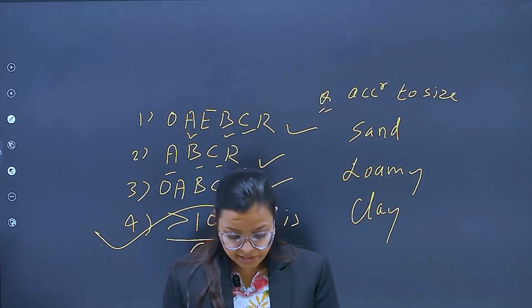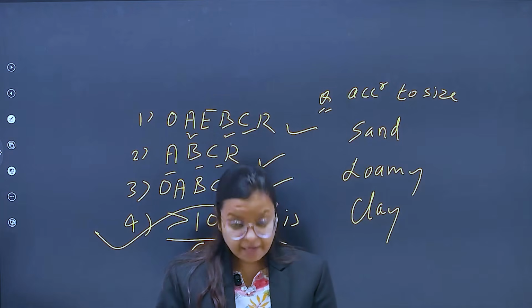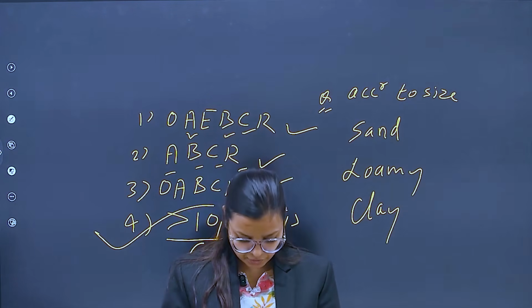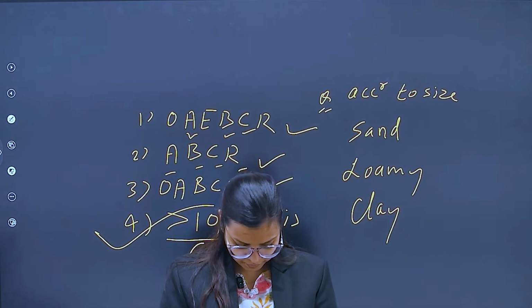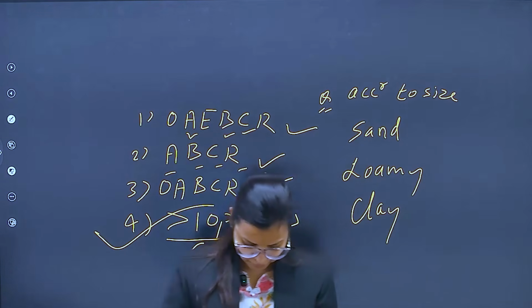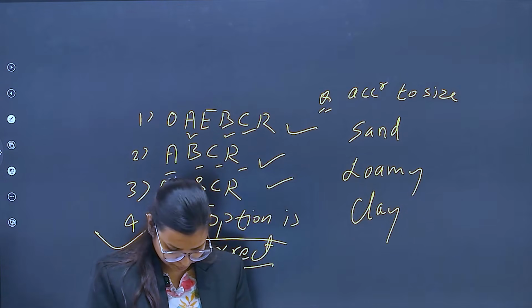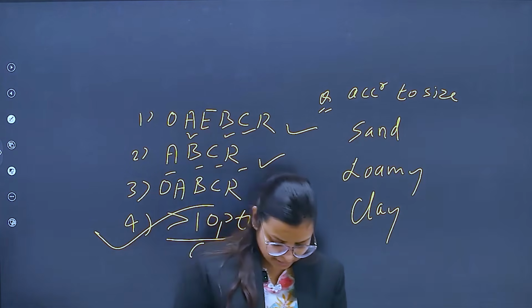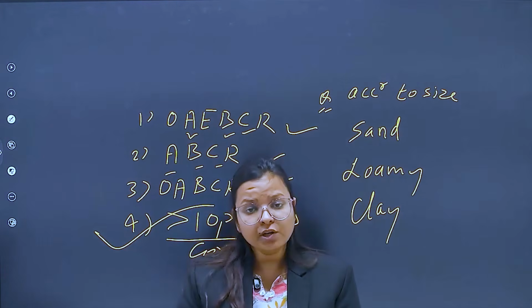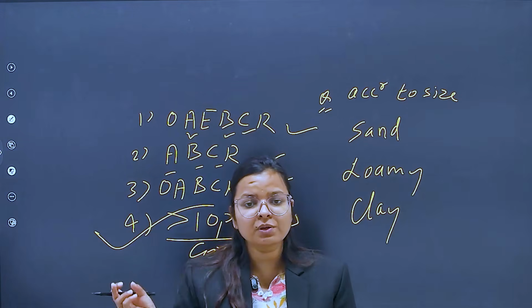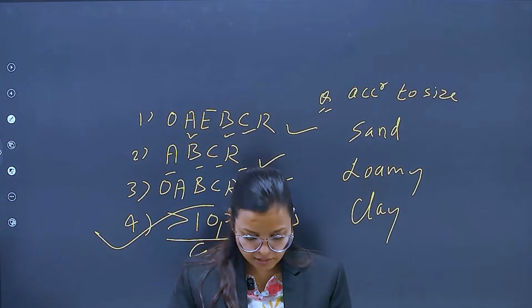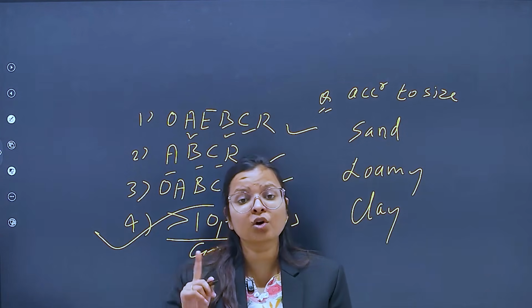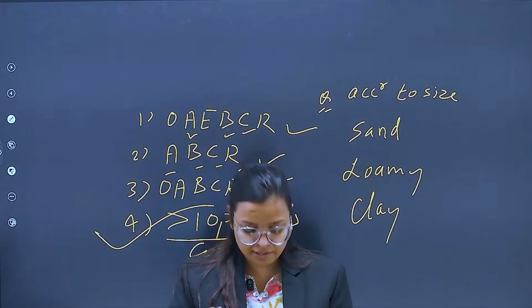I said decreasing order. Decreasing order means the largest particle should be first and the smallest particle should be last. Please don't tell me increasing order.